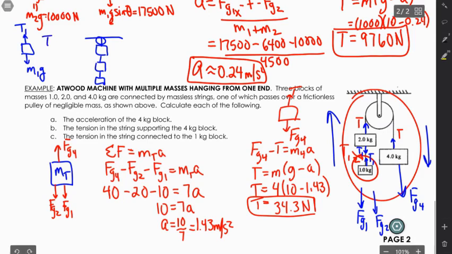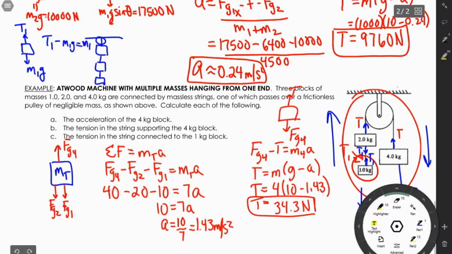So we would have T1, and that's going to be positive, right? Because it's going to go up, minus M1G equals M1A. Now, this tension is going to be a little bit different because of the way everything's acting here.